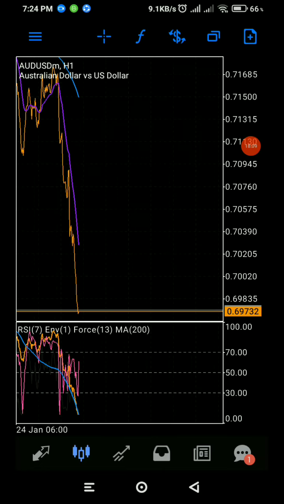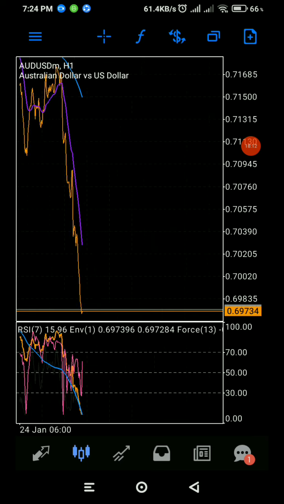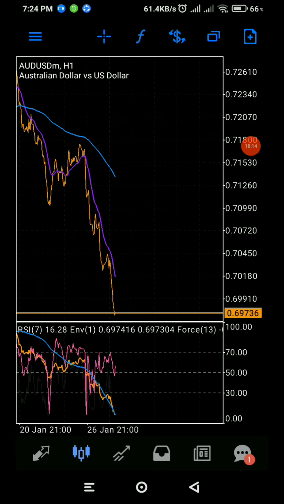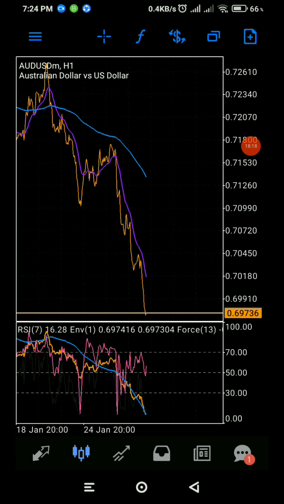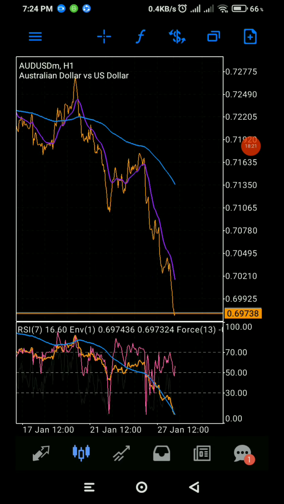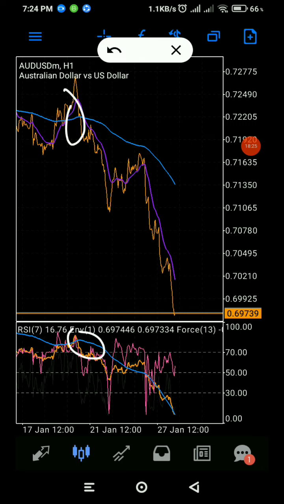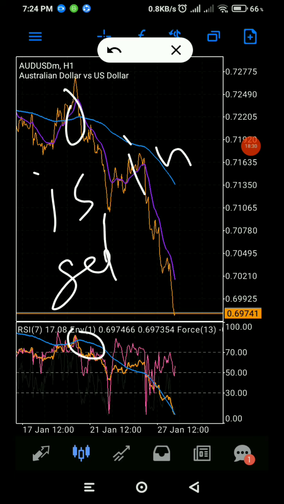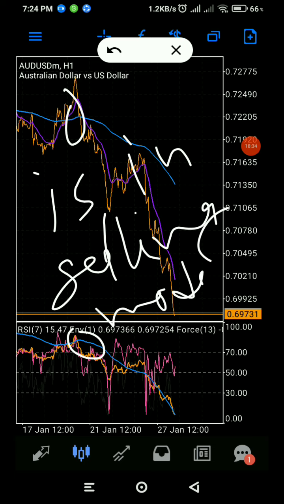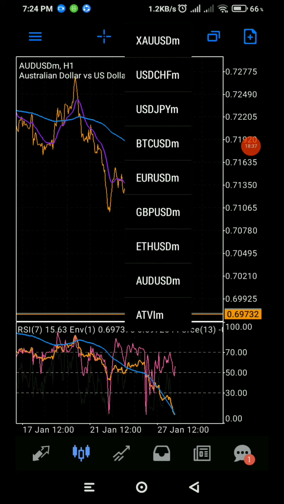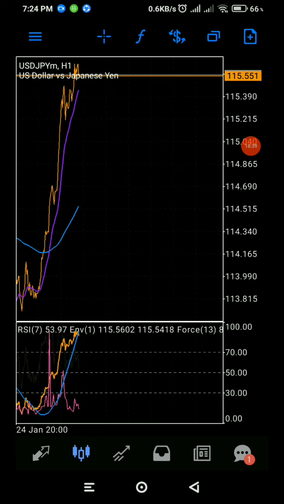Okay, it is another pair, Aussie USD. H1 here, not a great signal, because price is already coming down from upwards. Here you see. So here Aussie USD is in selling momentum, because blue crossed on 70 and twin tail formed on 70.